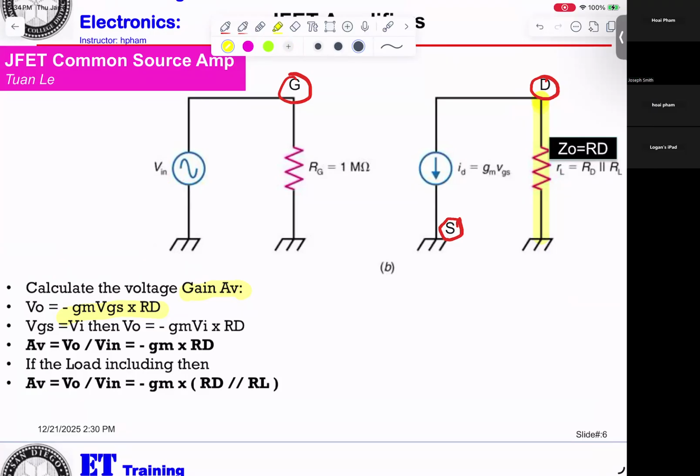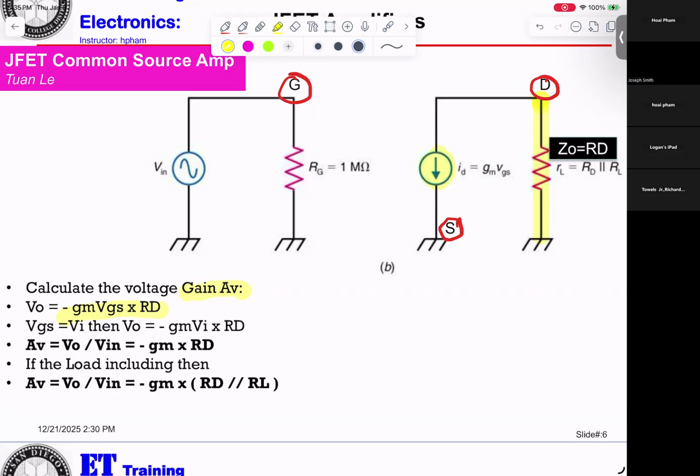So this is the formula: minus gm times VGS, this is the VGS, the current here, times RL or RD in this case.